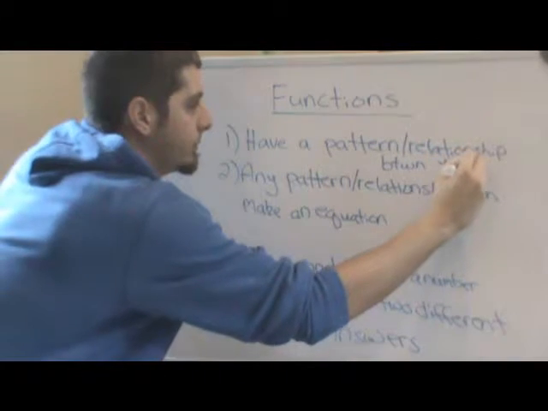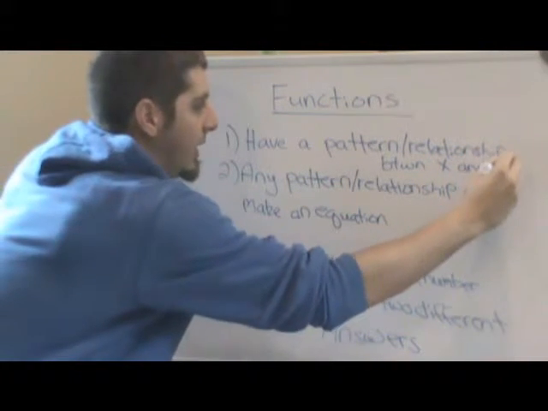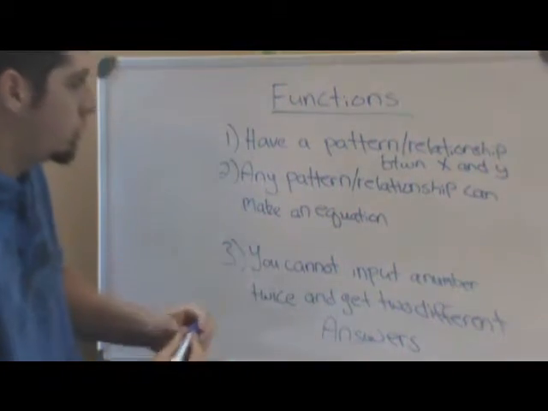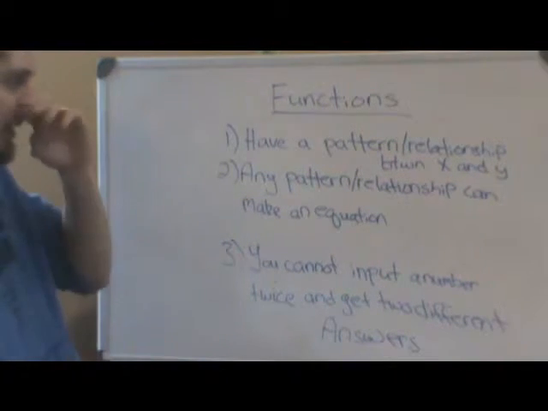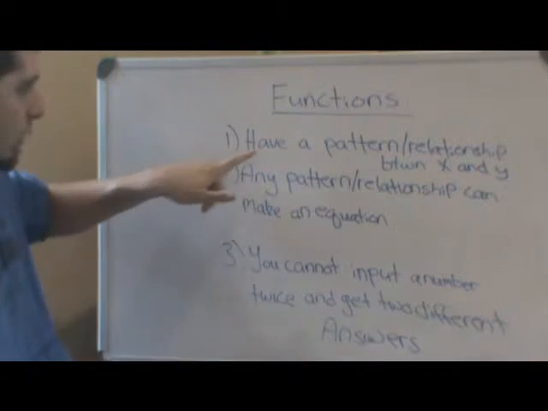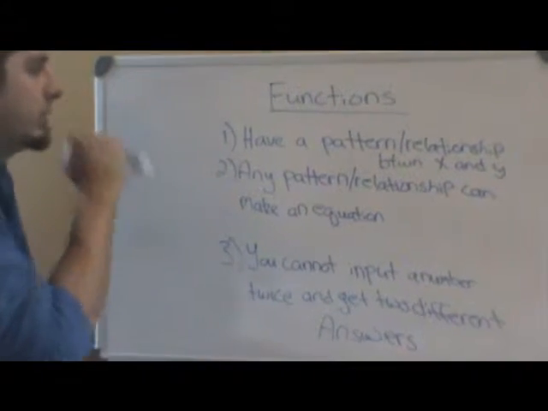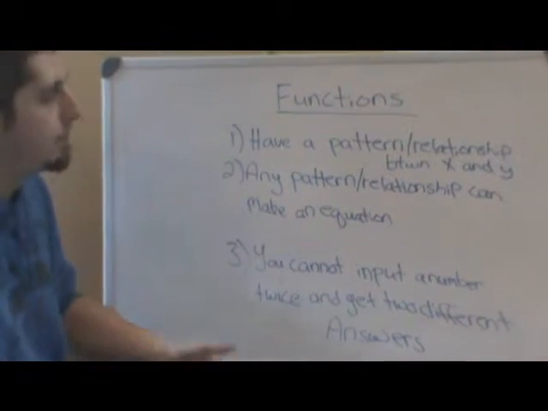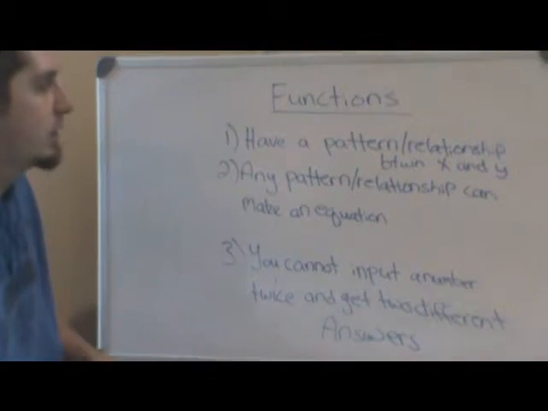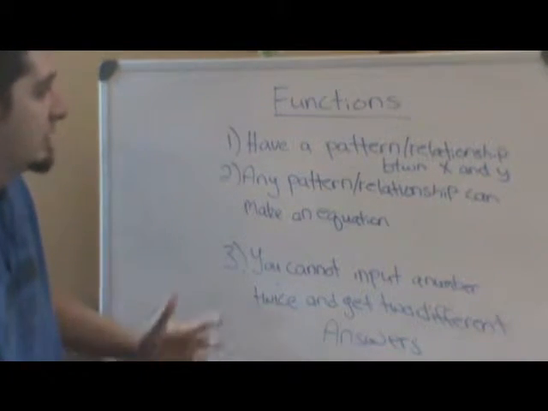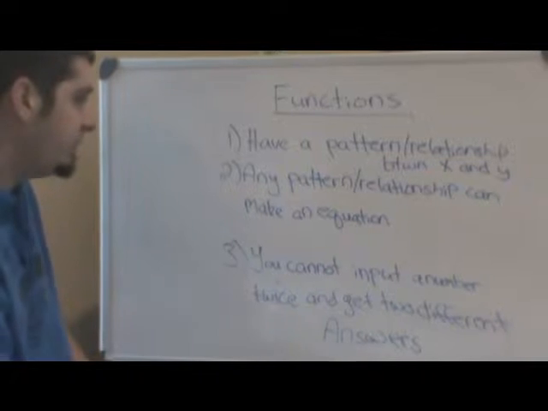There's a special relationship or pattern between x and y. Now, you will not always be able to see that pattern. Sometimes it will be a simple pattern and you'll be able to see it when you look at the group of ordered pairs. Sometimes you won't.